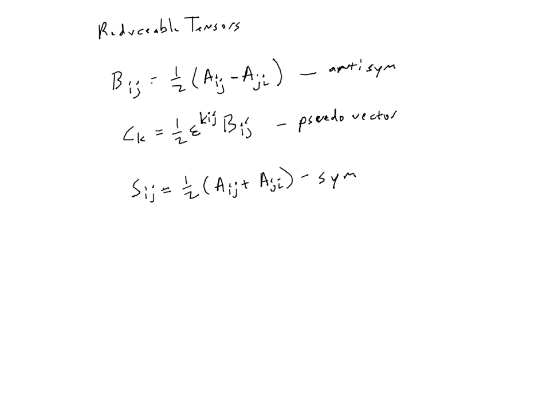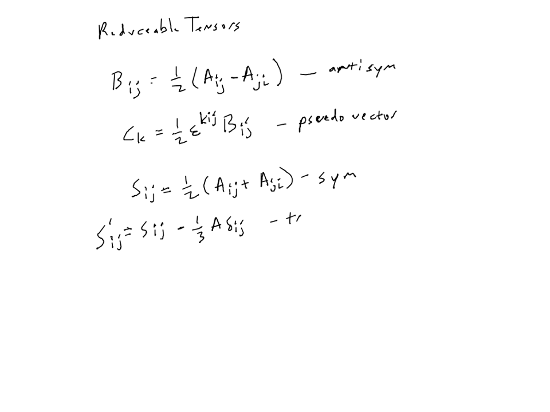And then we can subtract out the trace of that. So if we take S_ij and subtract out 1/3 of the trace A with a delta_ij, we'll call this S prime_ij.